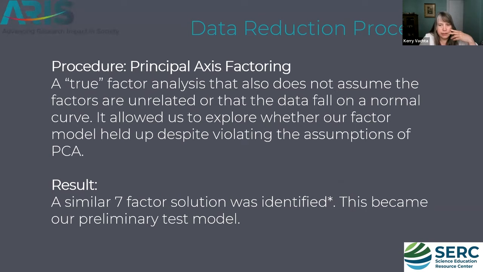The data can be correlated, and they aren't necessarily on a normal curve. So we reran the factor analysis using principal axis, and we validated our 7 factor solution. There were 3 or 4 items that landed on different factors, but we still got 7 factors, and almost all of the items landed on the same factors that they had in the previous analysis.